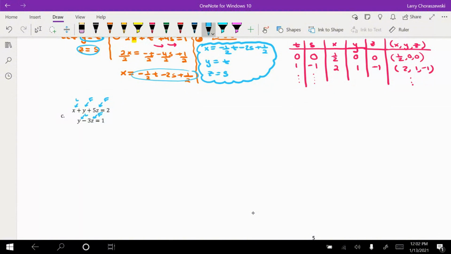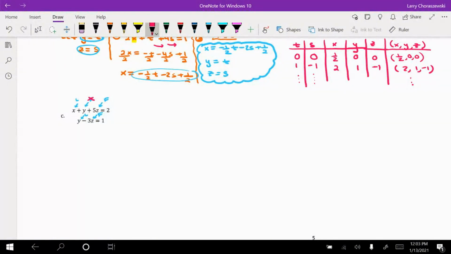Don't make it a free variable. So what I mean is, we have y as a leading variable in the second equation, but we marked it as a free variable in the first equation. Leading variable will always trump the free variable, okay?